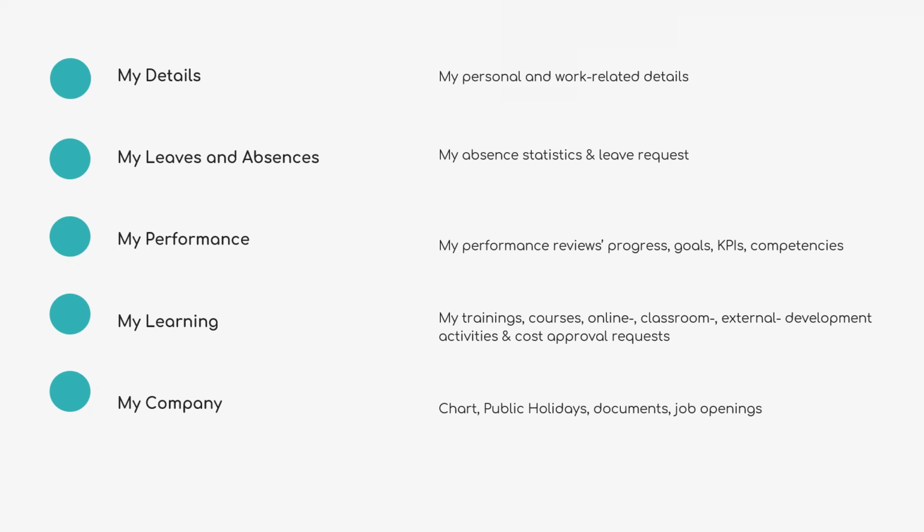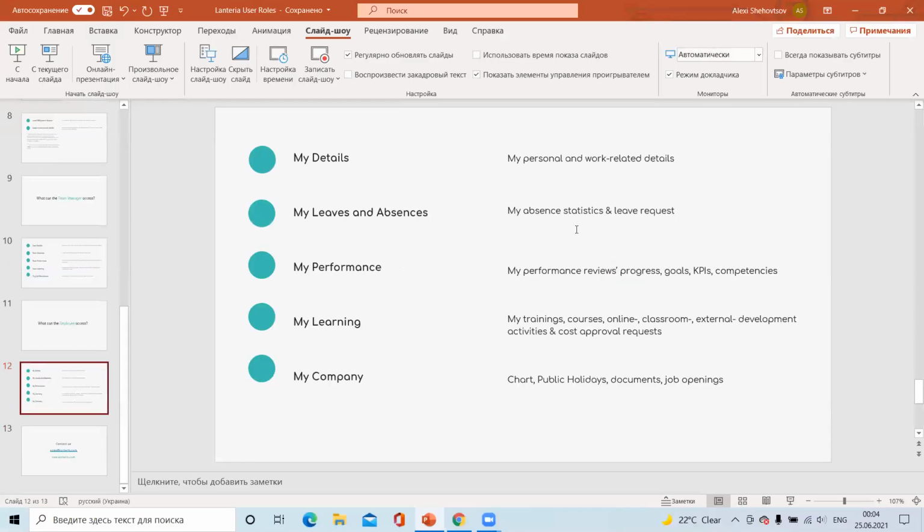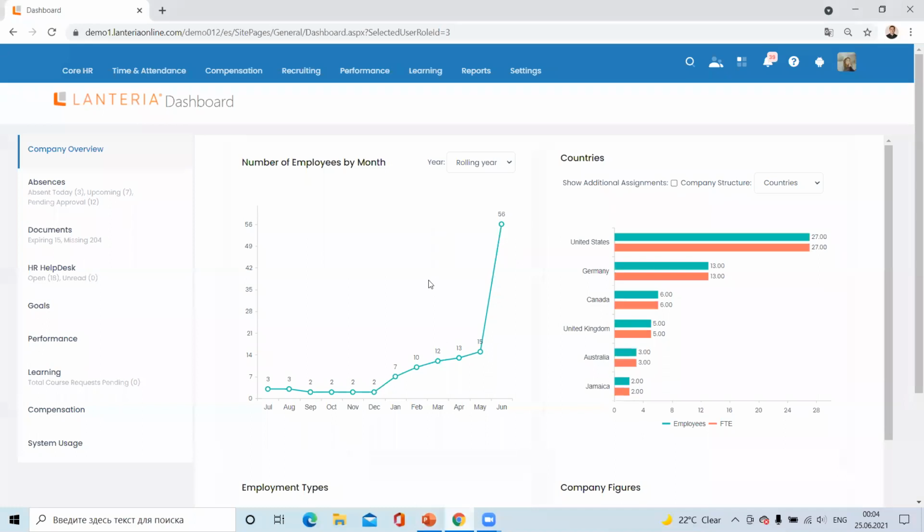So, going outside of the presentation, let's make a quick step inside of Lanteria HR itself, and let's quickly see the interface of each of those users. So this is the interface of the HR manager inside of the system. There is actually no need to show HR and local HR separately because, as I said, the main difference is the location.